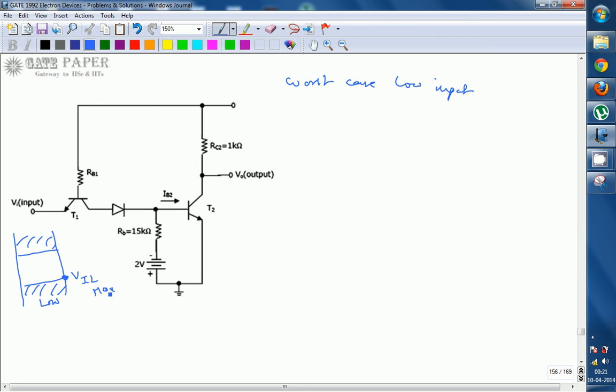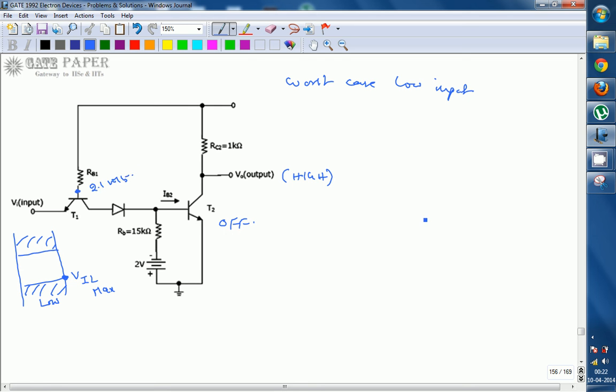What is going to be the maximum input voltage you can apply across the emitter of T1 transistor, such that V0 will be at high level? V0 will be at high level because you are applying low level. Low input is nothing but, since it is an inverter, output will be at high level. Output at high level is nothing but T2 must be in off condition. We have seen that the voltage required at the base for the T2 on condition is nothing but 2.1 volts.